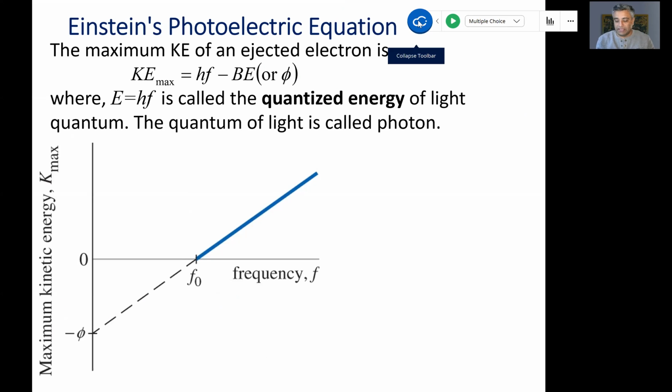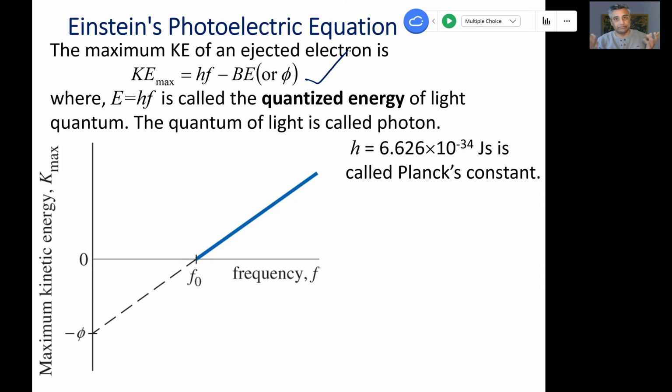So to explain that, Einstein came up with this explanation, okay? And that is now known as Einstein's photoelectric theory or equation. Einstein is famous for relativity, but he won his Nobel Prize by coming up with this equation.